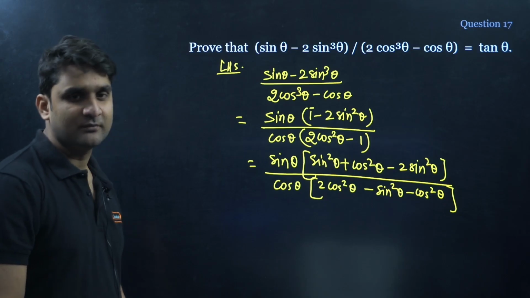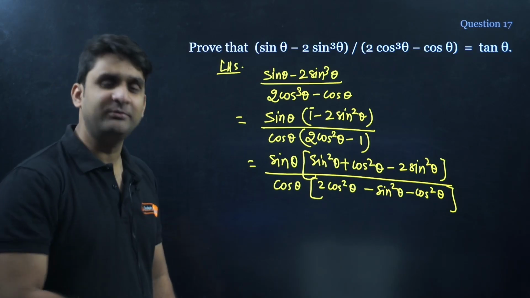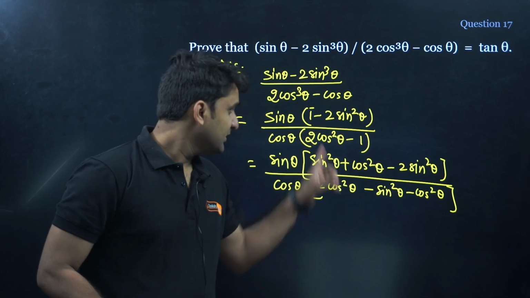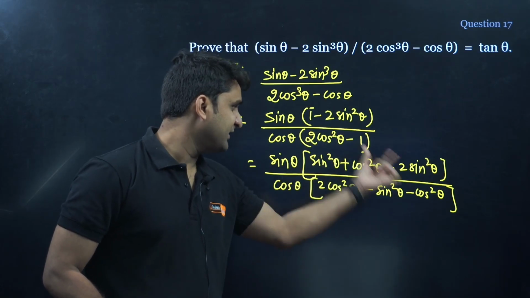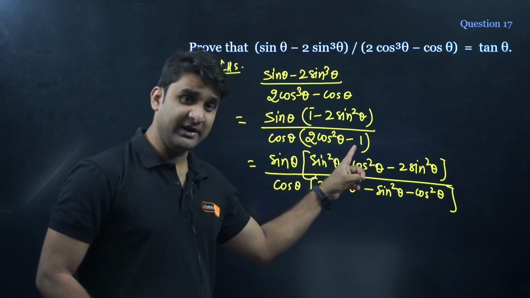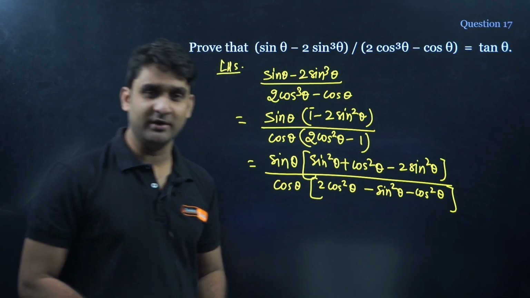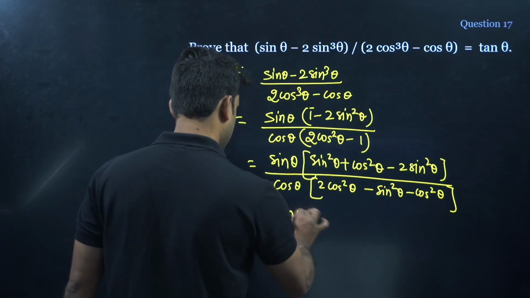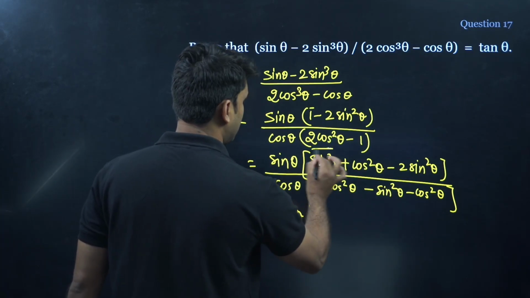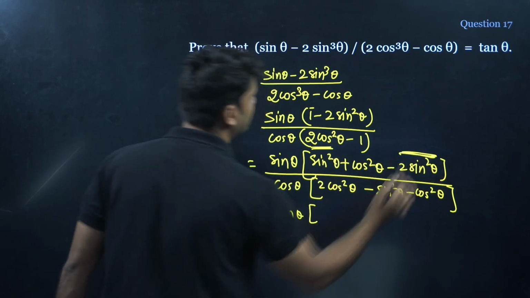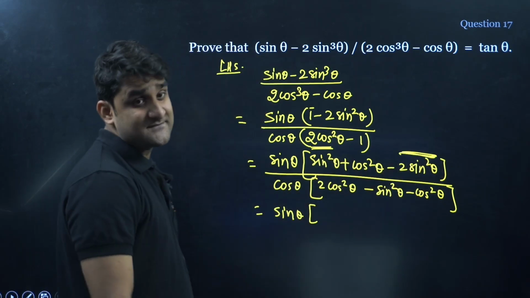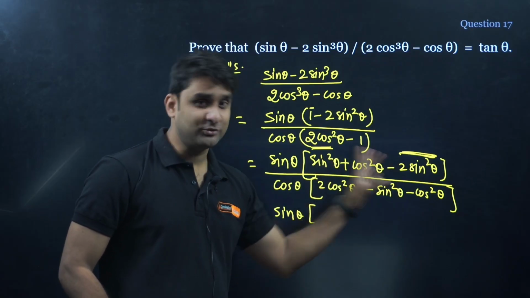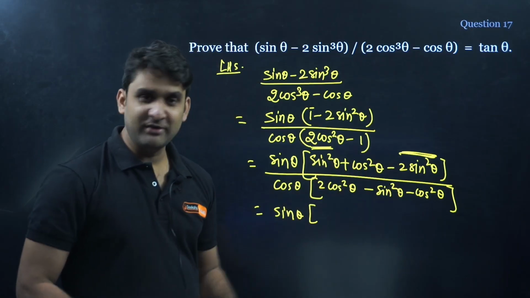I hope this is clear to you. I have just replaced 1 with sin square theta plus cos square theta. Here 1 is in negative, so both sin and cos go under the negative form. Now look guys, sin square theta minus 2 sin square theta. 2 sin square theta is greater than sin square theta, but both are like terms, so it will remain negative.